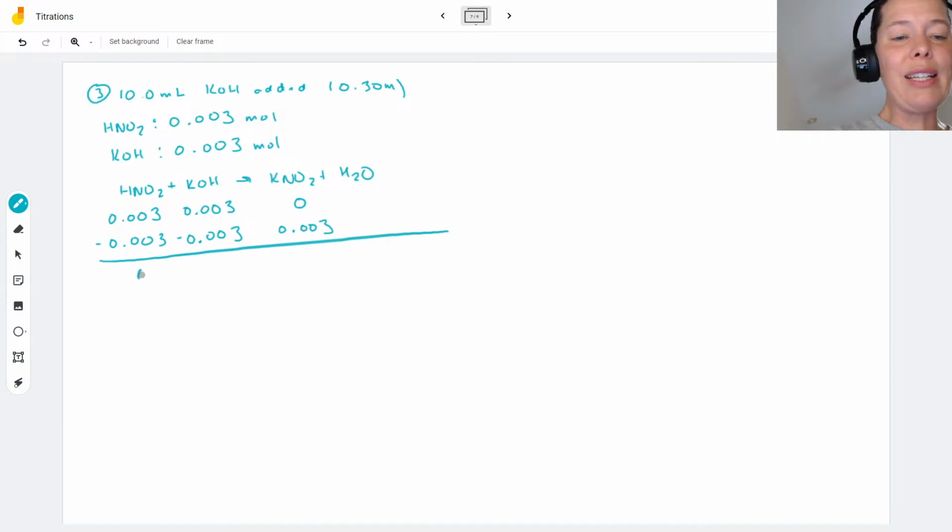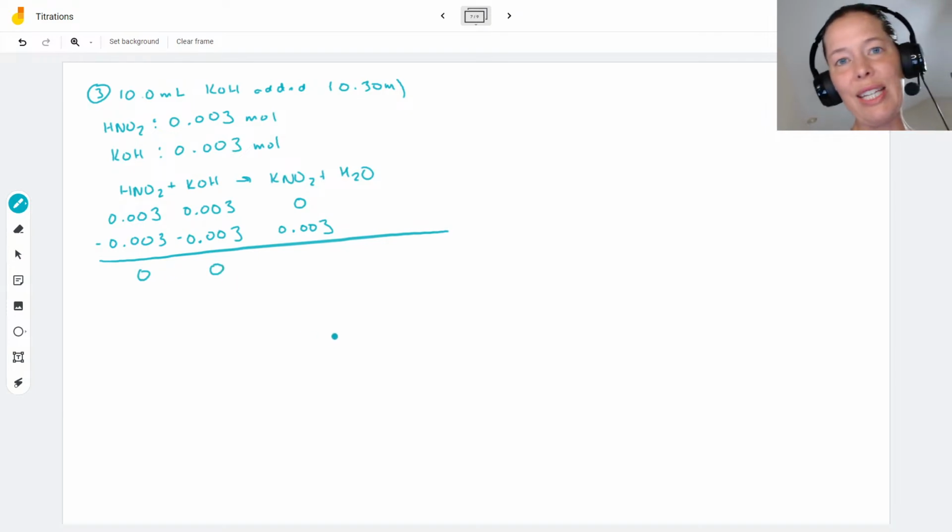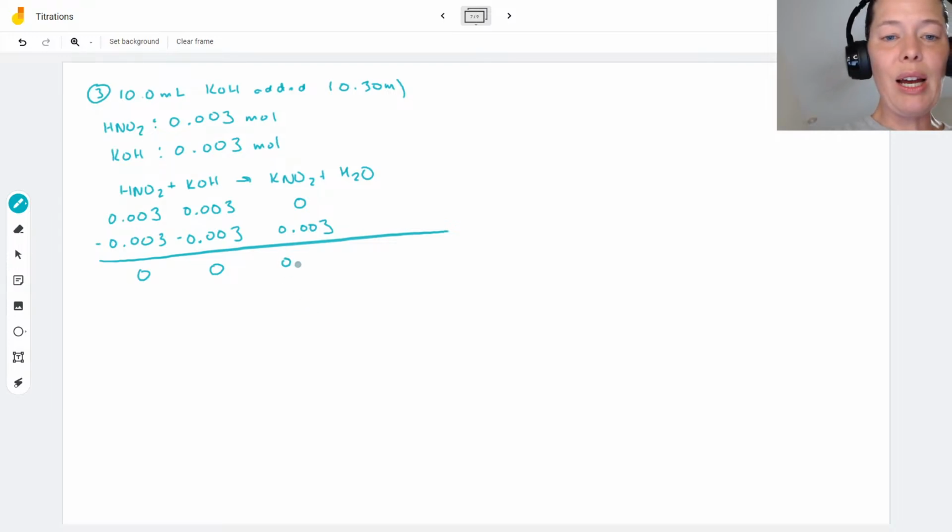And so now I can see I have no nitrous acid, I have no potassium hydroxide, but I have some potassium nitrite. And again, it's the nitrite that's really key here. Potassium is just a spectator ion.